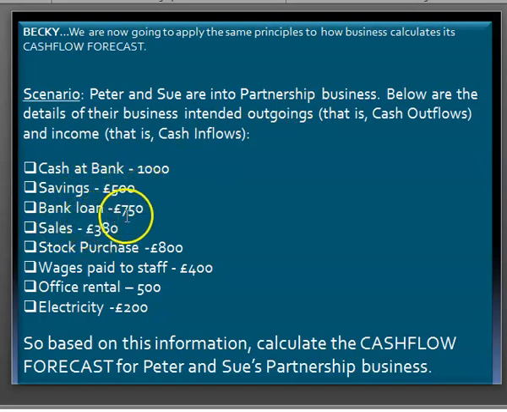They have a bank loan, £750, and then they're going to be selling £380 worth of goods. And then they're going to be buying stock for £800 and paying the staff £400, and office rental for £500, and electricity for £200. So based on this information, we're going to calculate the cash flow forecast for Peter and Sue's partnership business.